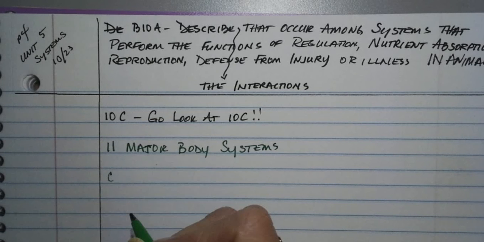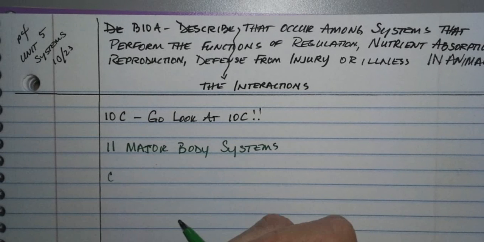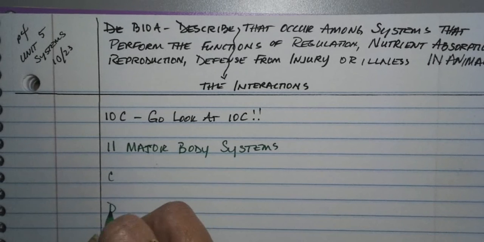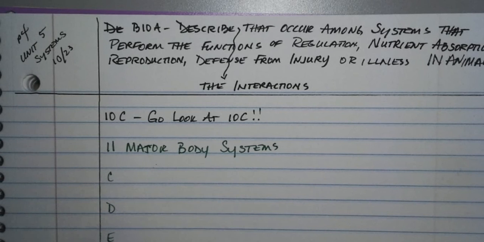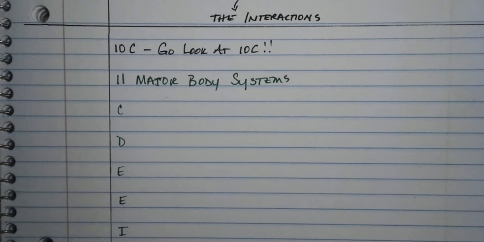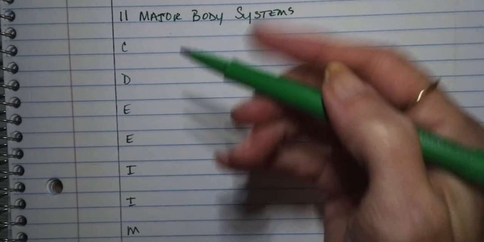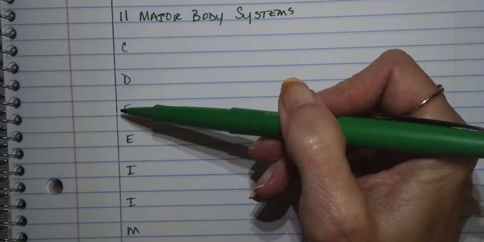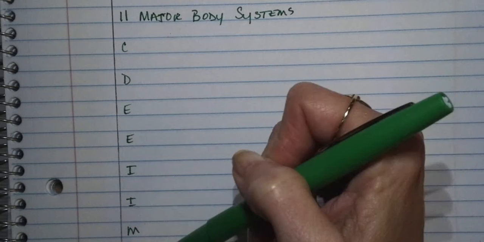D, there are 2 E's, excretory, 2 I's, M, N, O, P, Q, 2 R's, and an S. Is that 11? 1, 2, 3, 4, 5, 6, 7, 8, 9, 10, 11. So there are 11 major body systems.